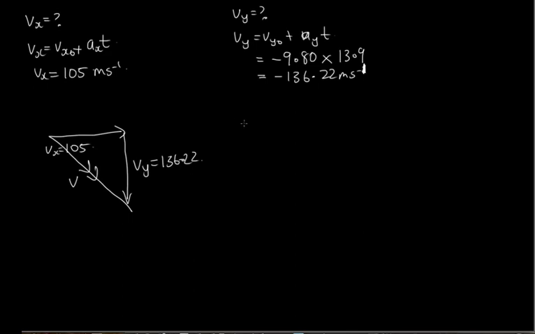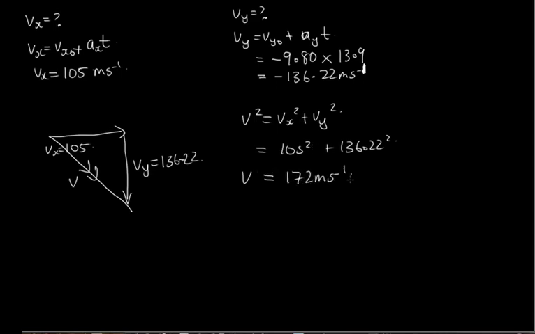We can use Pythagoras' theorem. The hypotenuse squared is equal to the sum of the squares of the other two sides. So v squared is equal to vx squared plus vy squared, which is equal to 105 squared plus 136.22 squared. And so v is equal to the square root of this, which is 172 meters per second.